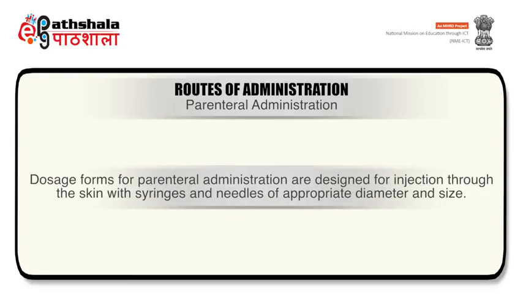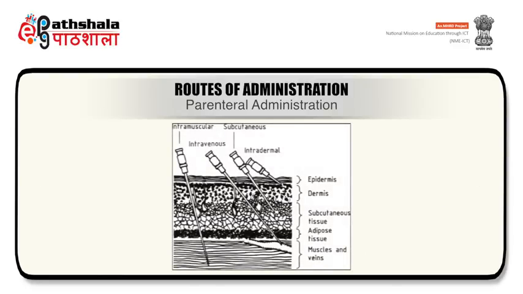Dosage forms for parenteral administration are designed for injection through the skin with syringes and needles of appropriate diameter and size. Parenteral injections can deliver the drug directly to the general circulation intravenously, that is IV, subcutaneously, or intramuscularly as shown in the figure.